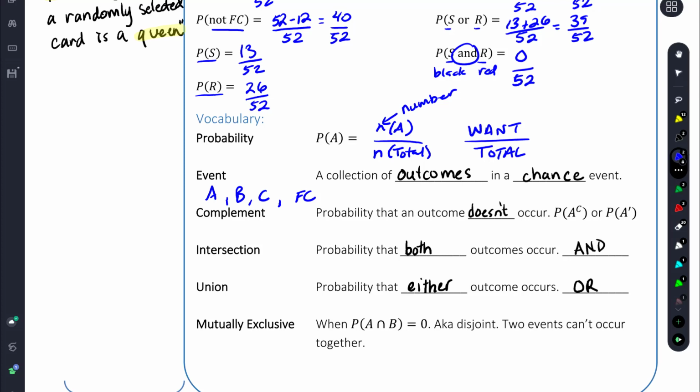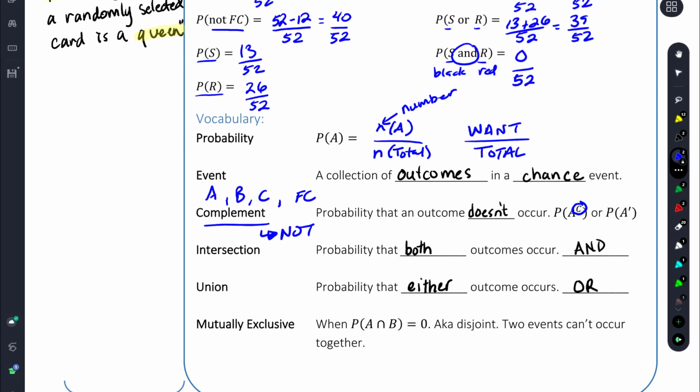The next term is a complement. And the complement, we're not saying something nice, it's something that makes something complete. The way we think about that is that it's the probability that an outcome doesn't occur. So complement in the probability sense refers to the word not. It's the opposite of something. And we note that with superscripts, like little exponents.